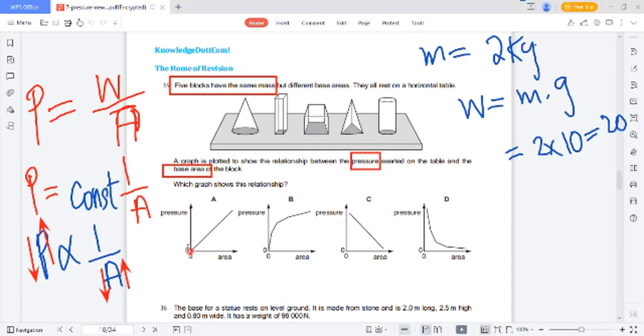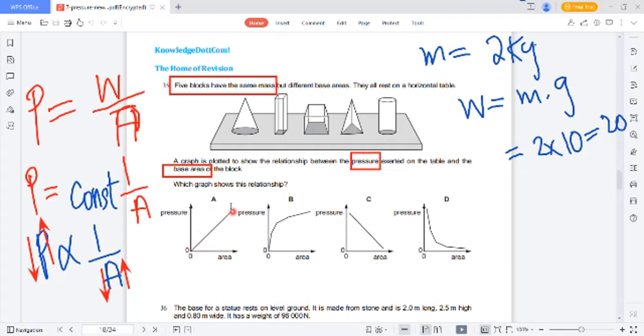Okay, this graph says when area is 0, pressure is 0. When there is nothing, how can we say there would be pressure? So this graph says, if you increase area, pressure is increasing. Area is increased, pressure is also increased. Now come back.